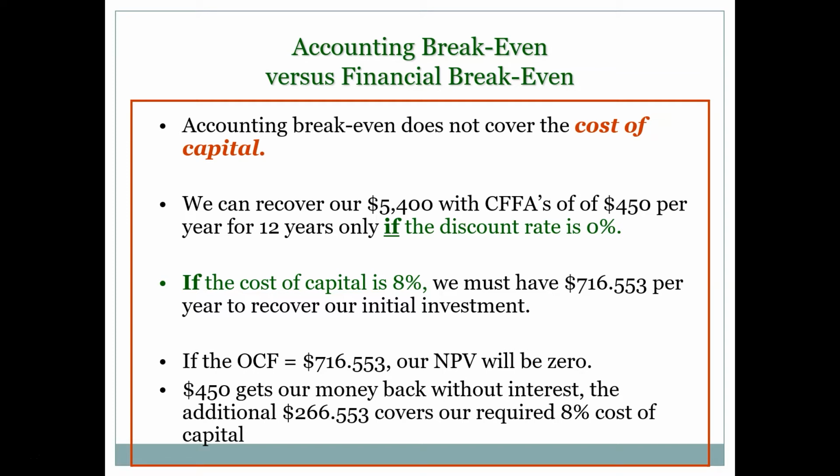But financial break-even says that, of course, the discount rate isn't zero. I know there is positive risk to taking on a project, and if there is a risk, then there's a required return for that risk. That's my cost of capital here, 8%. So I'm going to have to earn an additional $266,000 a year to justify taking the risk of the project.